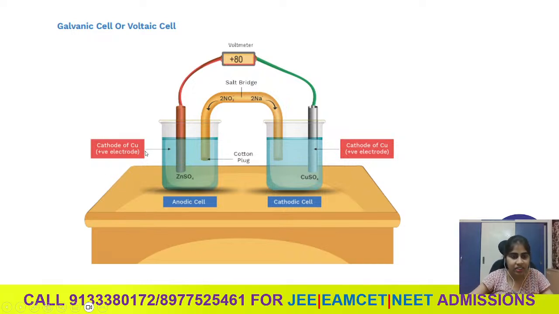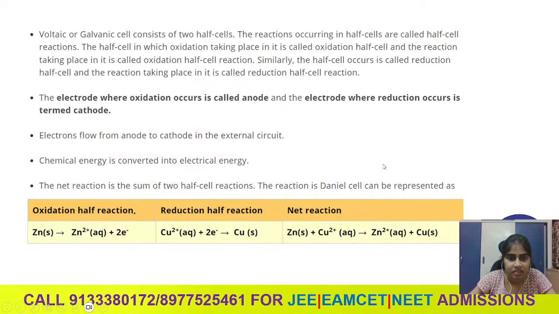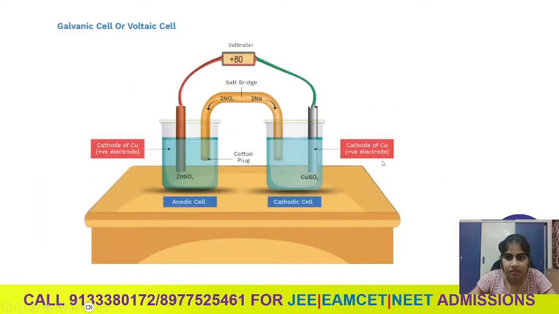Here in the galvanic cell, the cathode is copper, which is the positive electrode, and here the cathode is zinc. It is a printing mistake here, and here the anode will be copper.